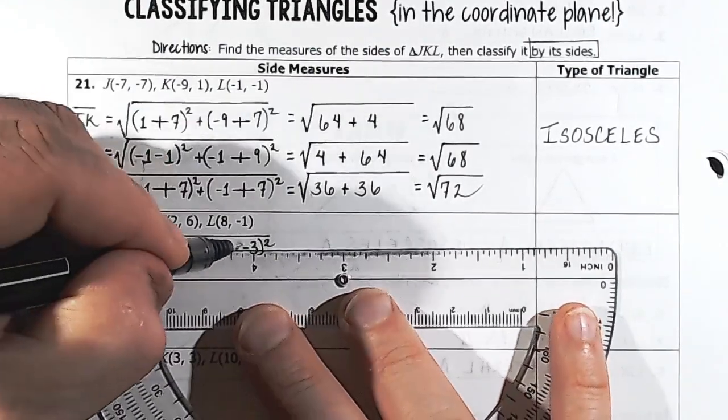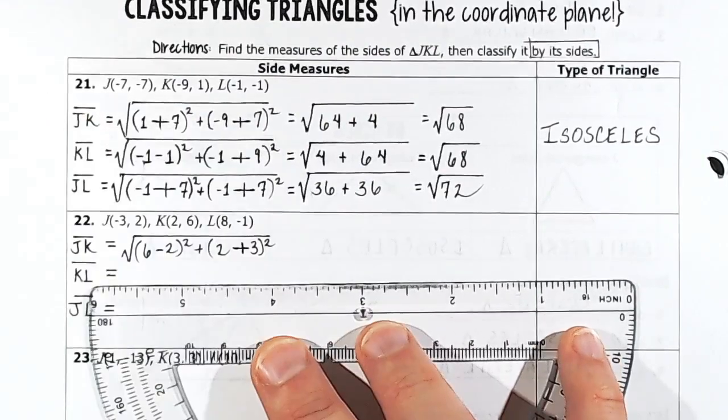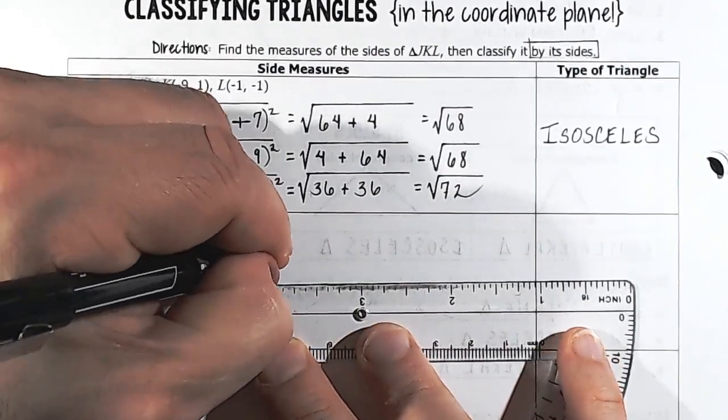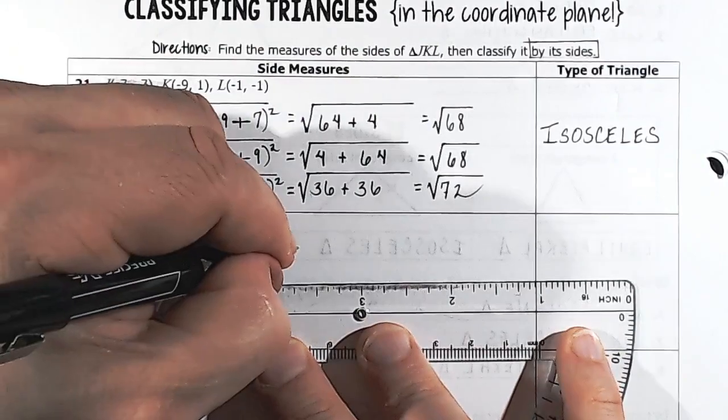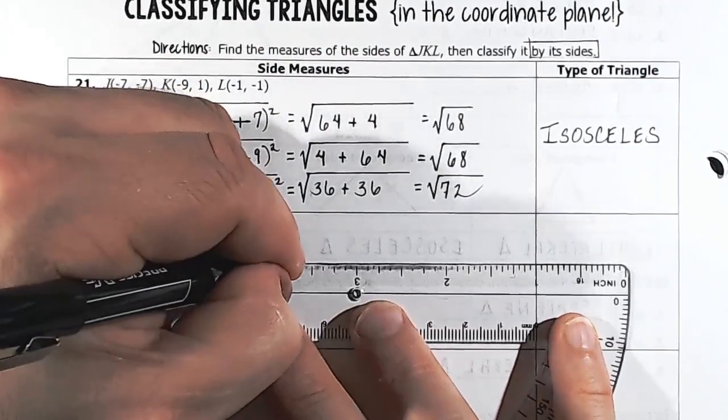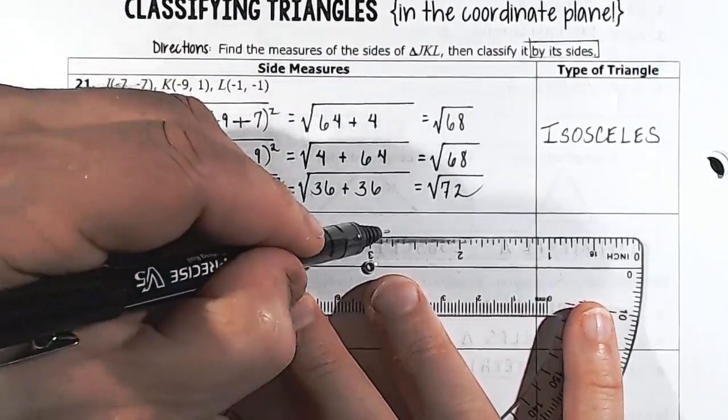I can connect this double negative, make that a positive, and we'll simplify this further on the next square root.